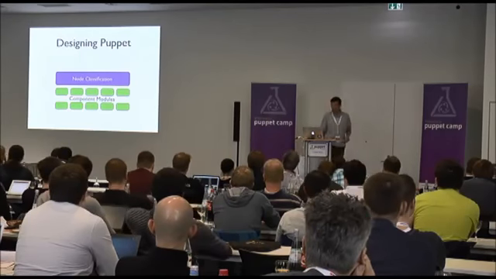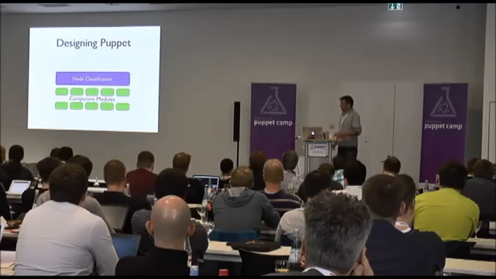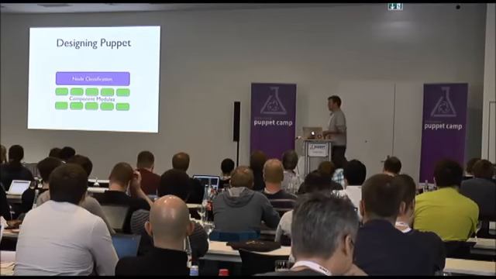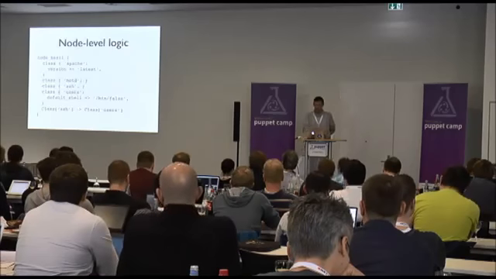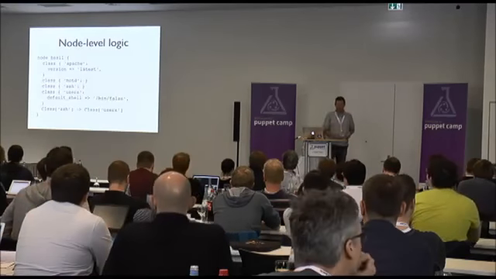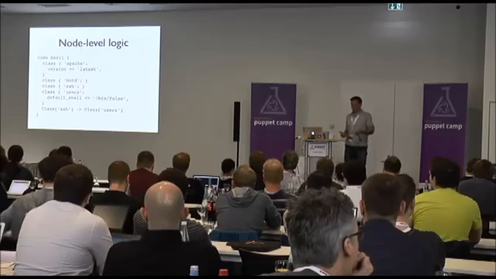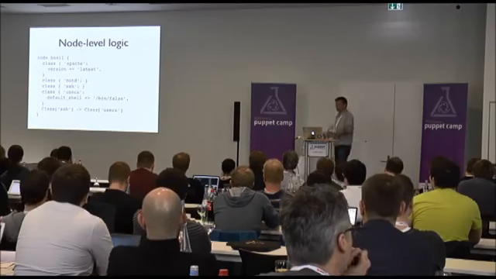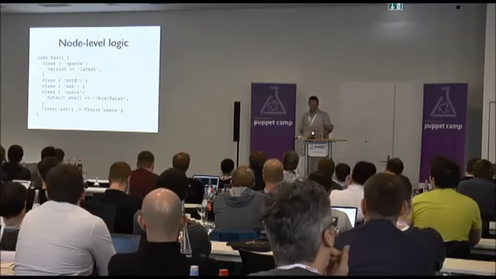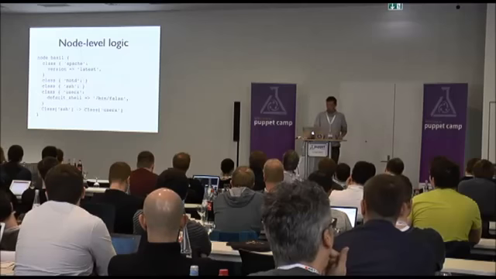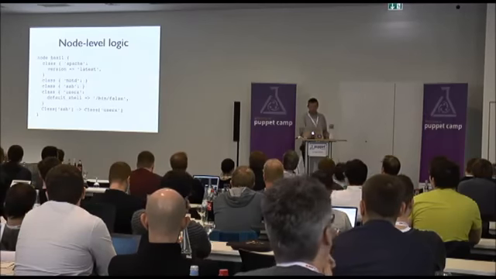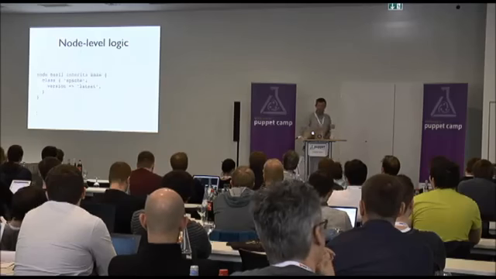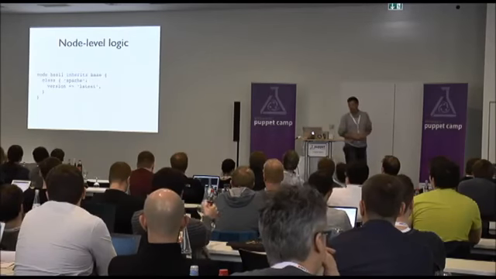So include Apache. The problem with this model, I mentioned node level logic earlier, is that we end up in this kind of mess where for every node we're worrying about the class Apache, we're worrying about the class MOTD, the class SSH. It's a lot. The pattern a lot of people used to overcome this in the very, very old days was node inheritance.